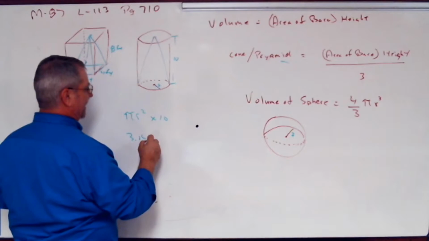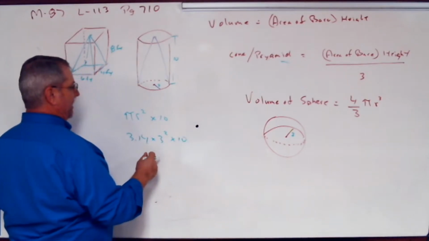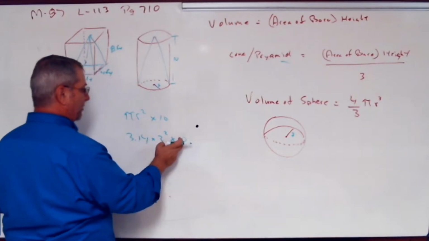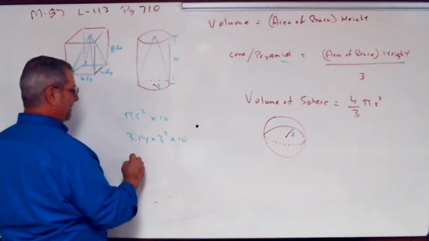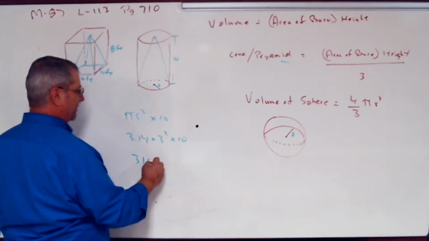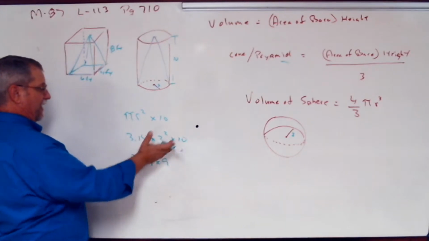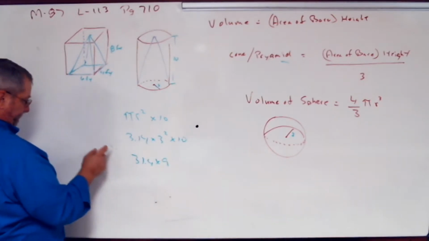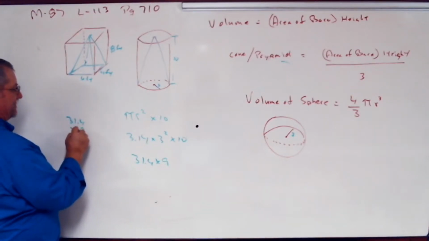The radius is 3, and you're going to square it, times 10. I'm going to multiply this 10 times this, so that's 31.4 times 9. Move the decimal 1 to the right, multiply by 10.